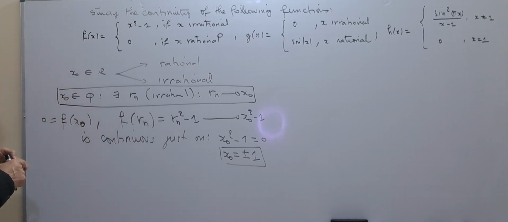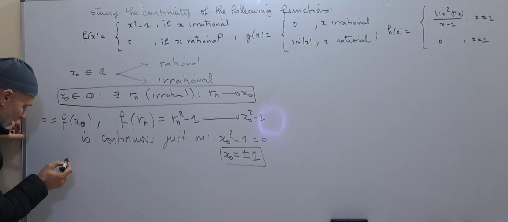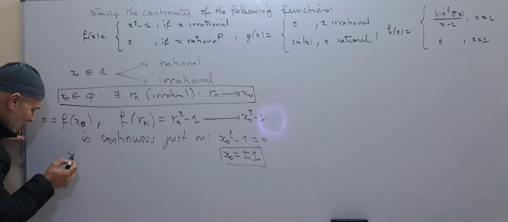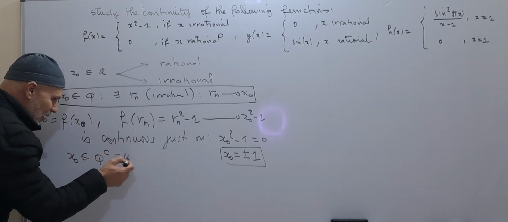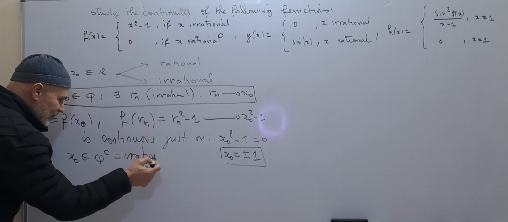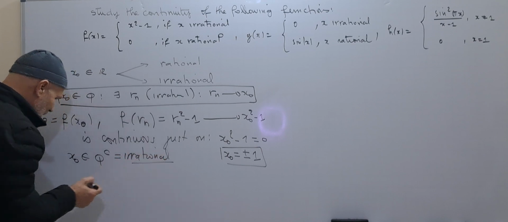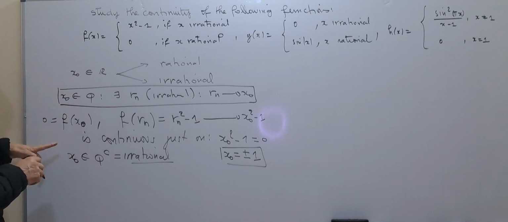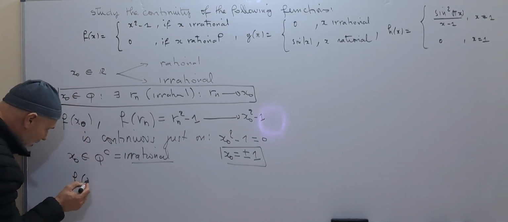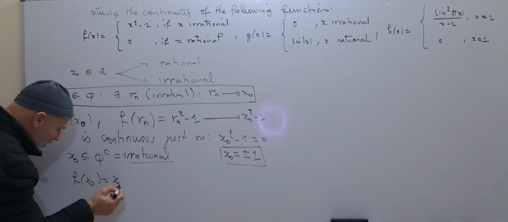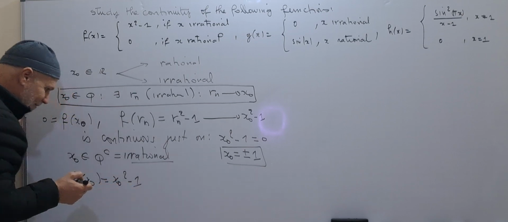How about irrational numbers? This time, let's consider x0 from the complement of Q, which means irrational. Since x0 is in Q complement, f of x0 is equal to x0 squared minus 1.